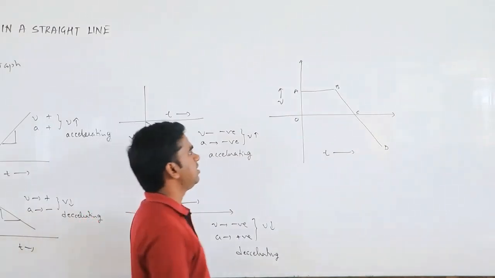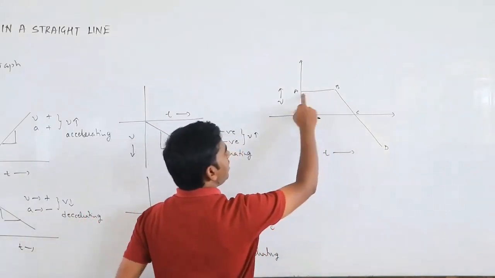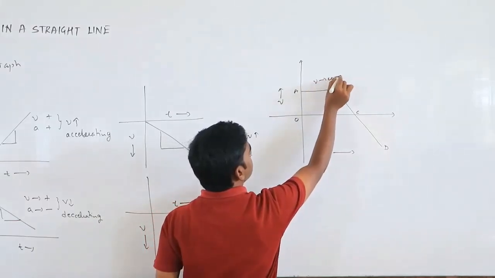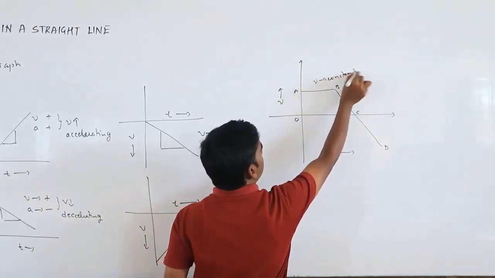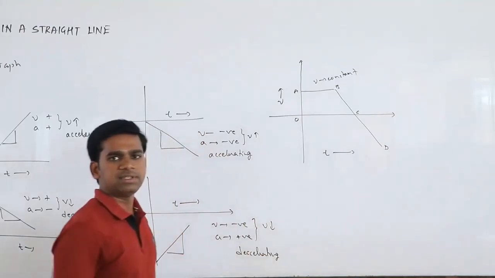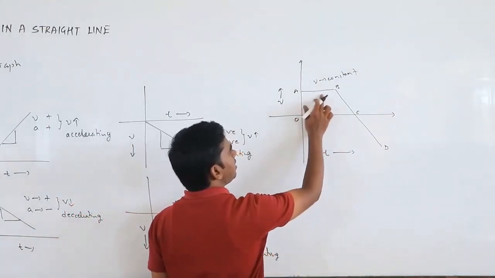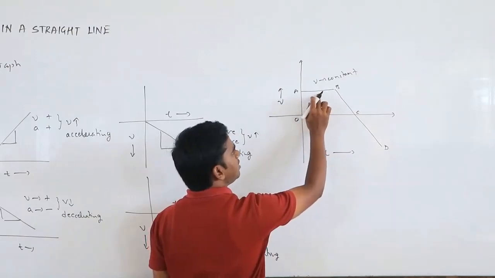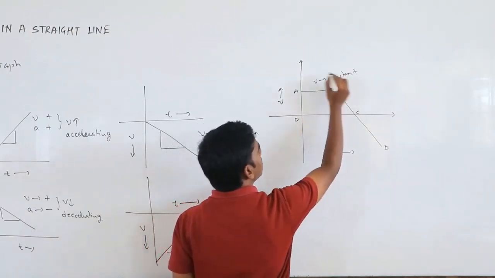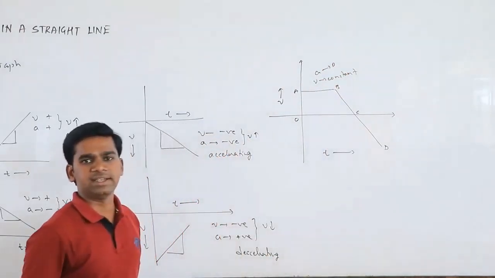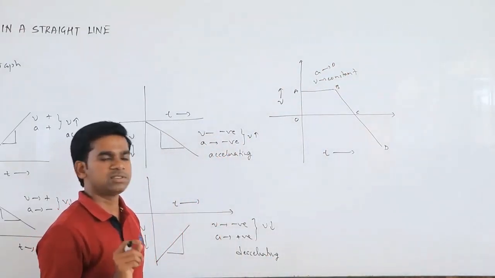So what we can say is, from A to B, if you look here, velocity is constant. Velocity is constant means velocity is uniform. It is not changing. If velocity is not changing, can you calculate the slope here? The slope, that is acceleration, is going to be 0. It means the body is not accelerating, but moving with constant velocity.